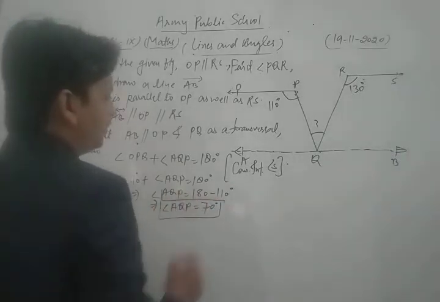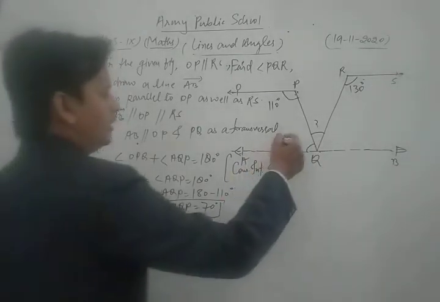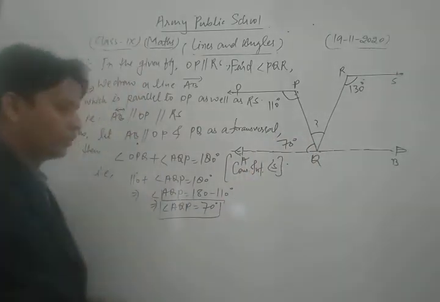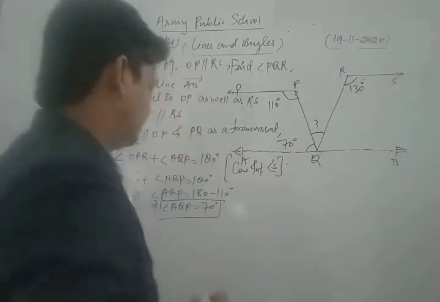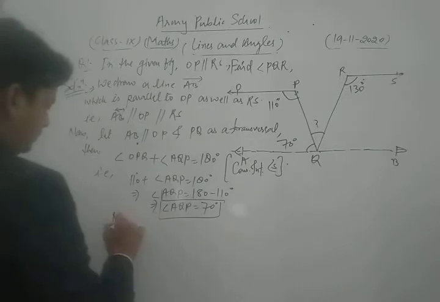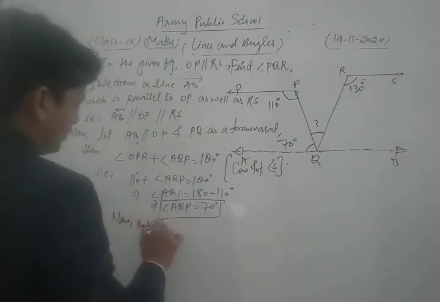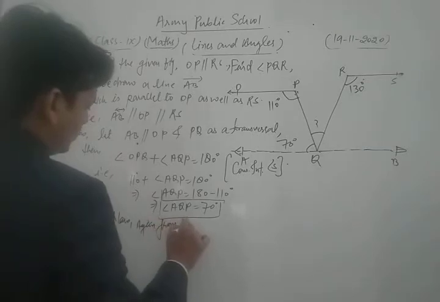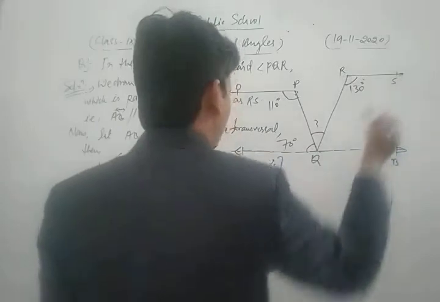So in this way we find angle AQP as 70 degree. Now again from the figure, AB is parallel to RS.